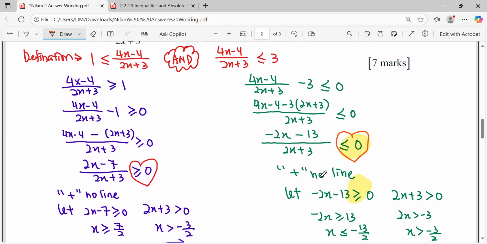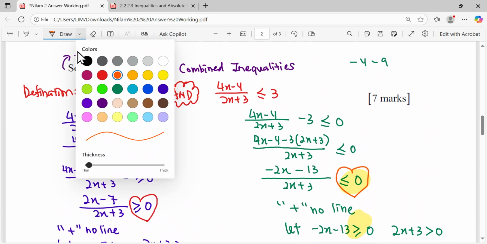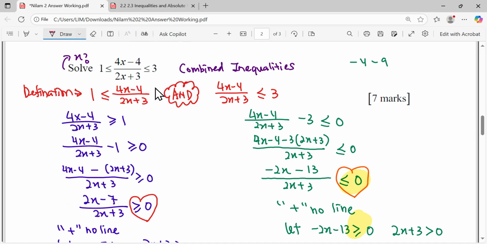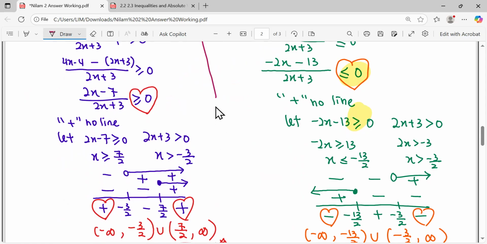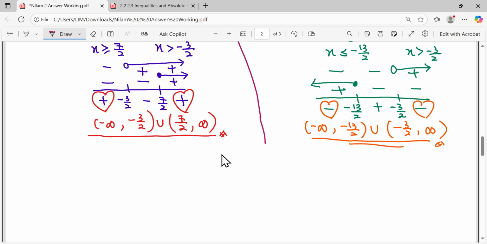So what to do? Because our question here is combined, we need to combine back. What to combine here is by using the symbol n. So what's the function of n in number line? It means that I need to take this answer and this answer, and means intersect, or in set symbol it is intersection, overlapping.